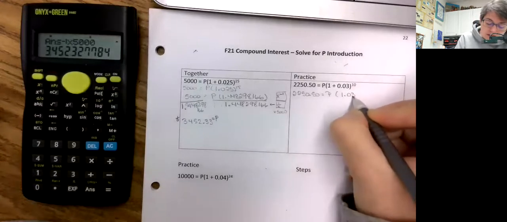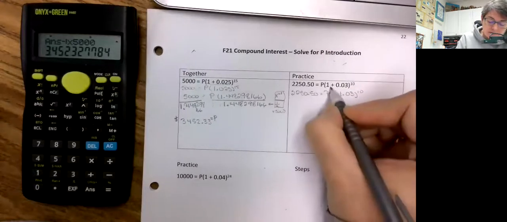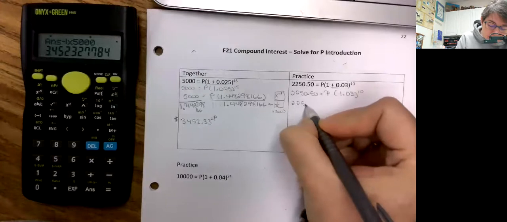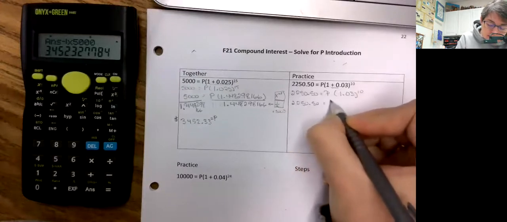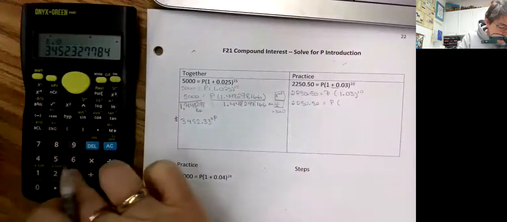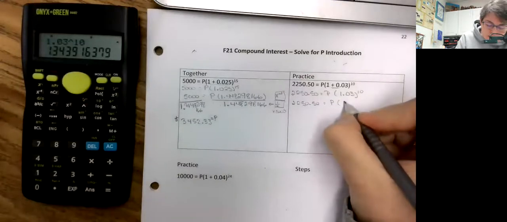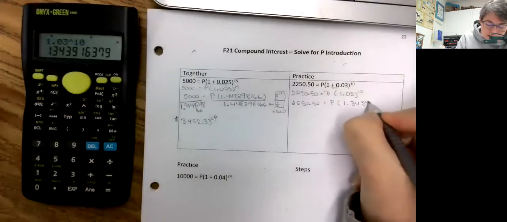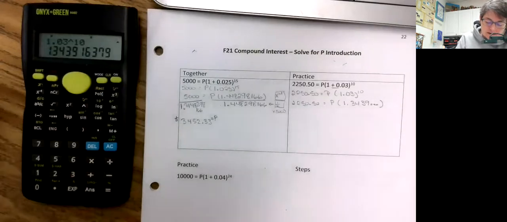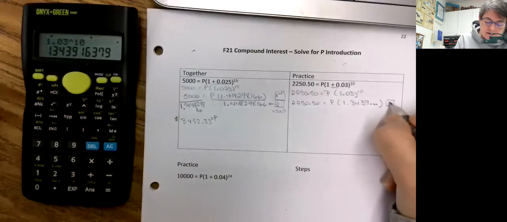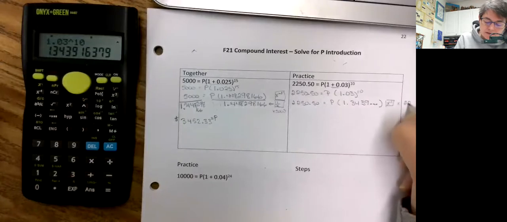1.03 to the 10. Okay, so not that different than before. Now we're going to do our exponent. 1.03 exponent 10. 1.3439... Okay, so I take this one, and then I go x to the minus 1, and I go times 2250.50.